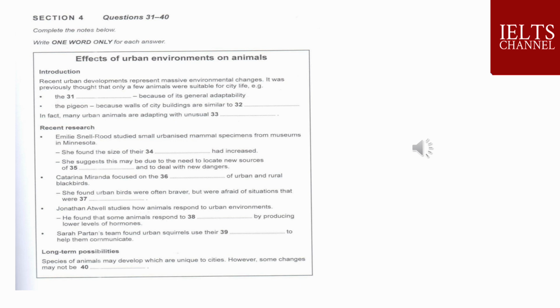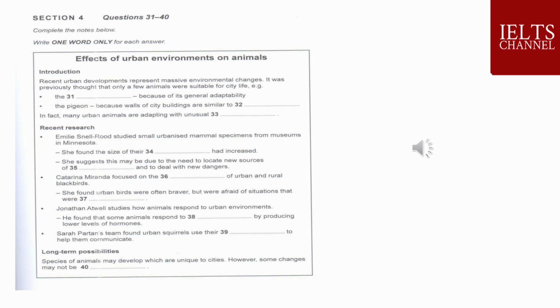So, in the University of Minnesota, a biologist called Emily Snellrud and her colleagues looked at specimens of urbanized small mammals such as mice and gophers that had been collected in Minnesota and that are now kept in museums there. And she looked at specimens that had been collected over the last 100 years, which is a very short time in evolutionary terms.